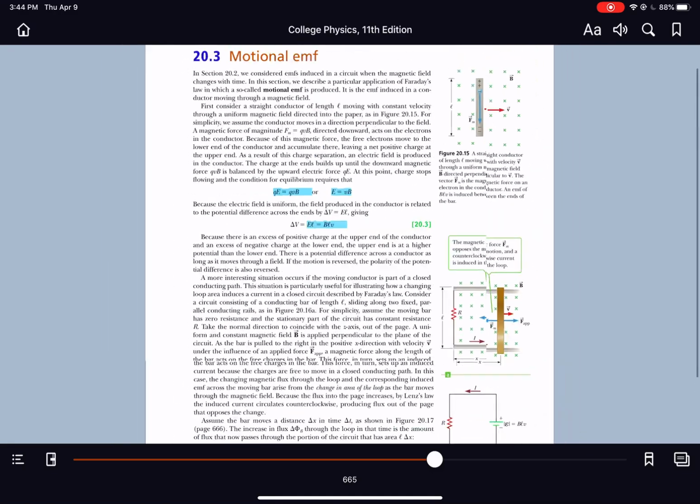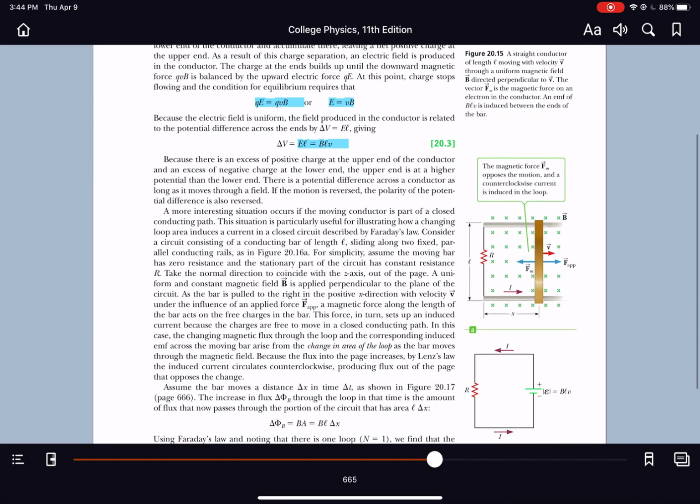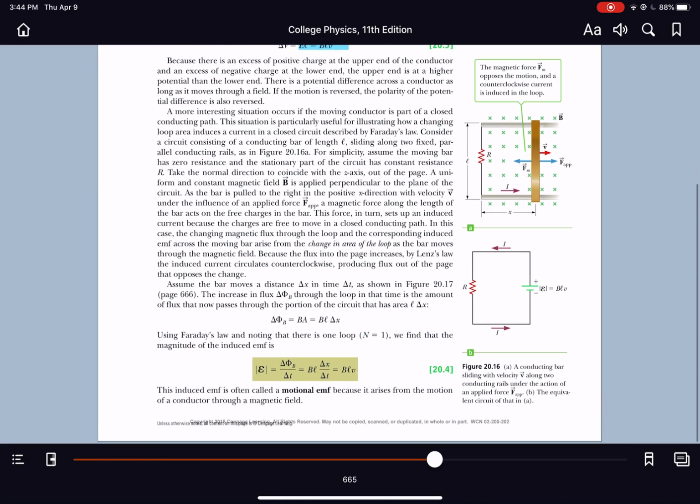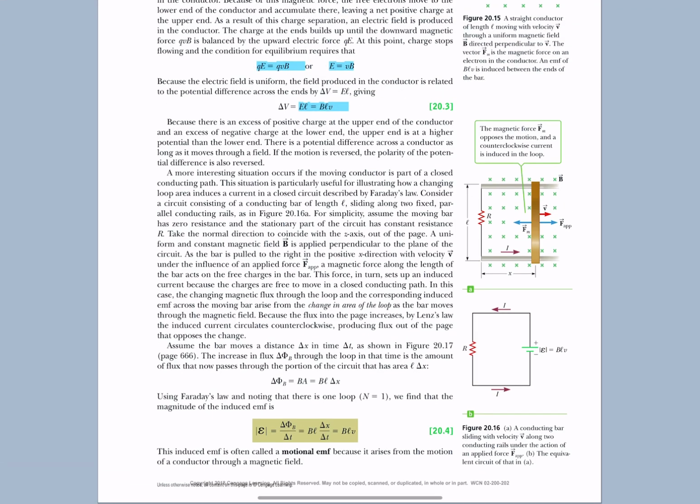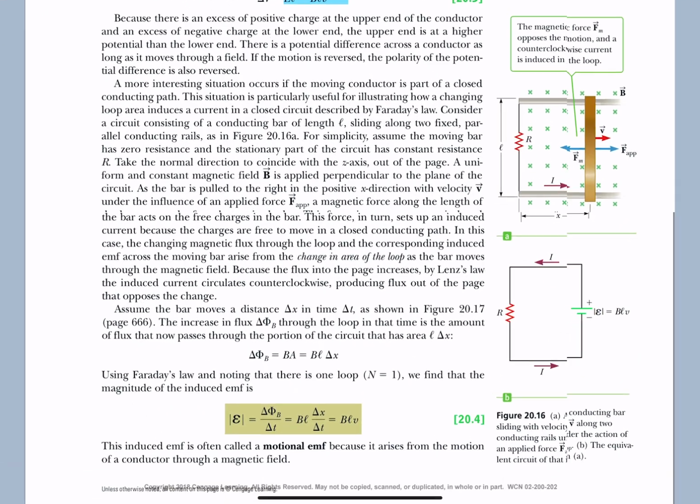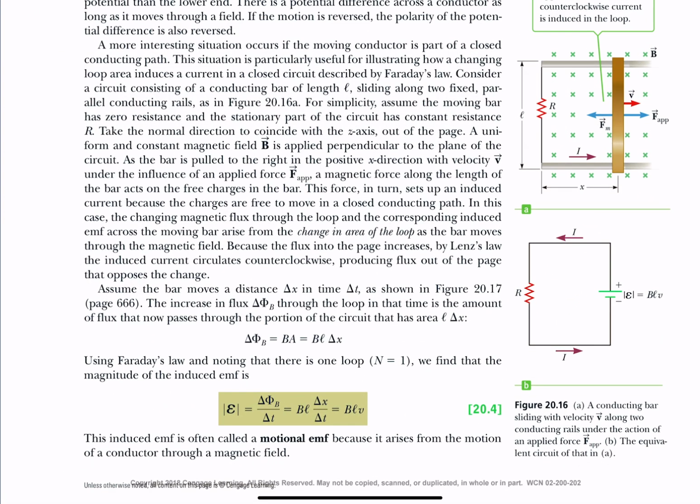And if we look at the bottom of the page, let's see if I can get this. There we go. You can see, first of all, that your voltage that is being induced, again, is proportional to the strength of the magnetic field. The stronger the magnet, the greater the voltage you'll get.